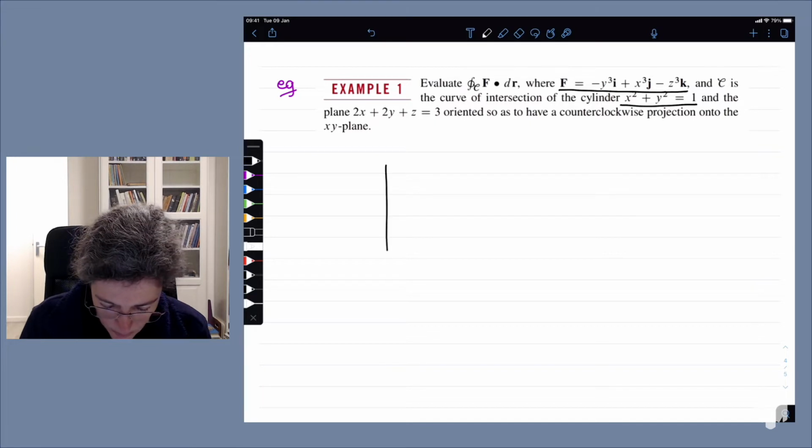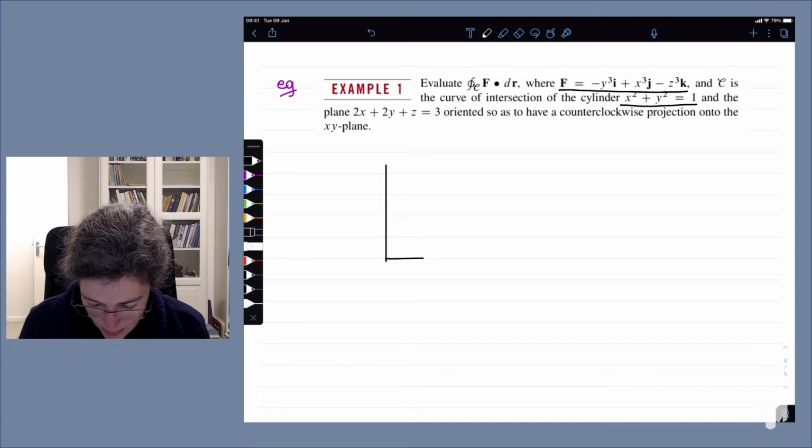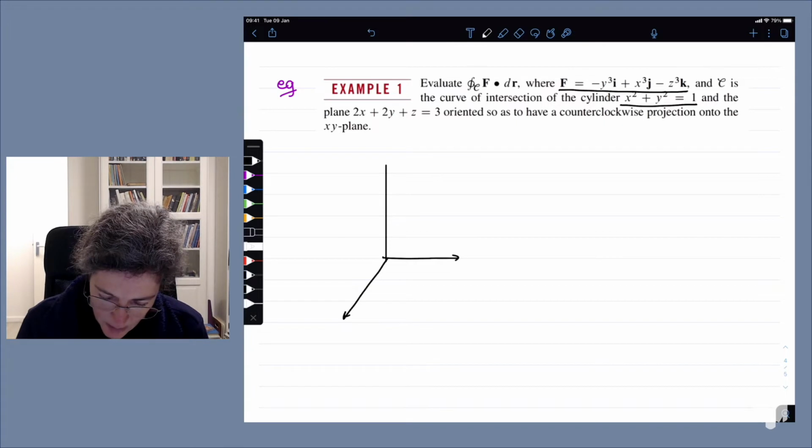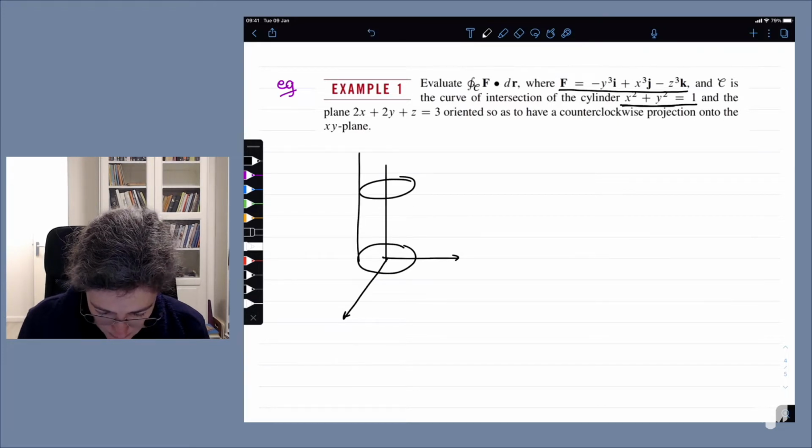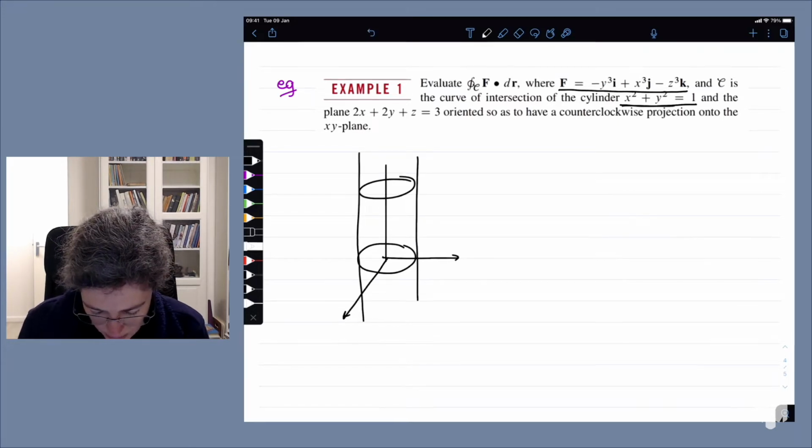So we're in 3 dimensions, so let's have our sketch like this. The first thing is I want the cylinder that I'm interested in. So that is a cylinder doing something like this. Okay, I've just drawn a couple of cross sections.